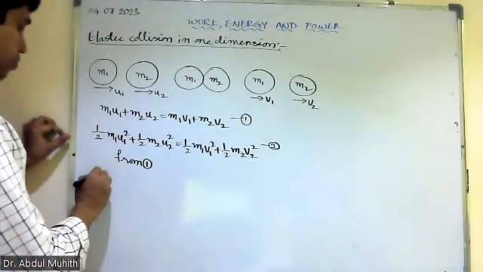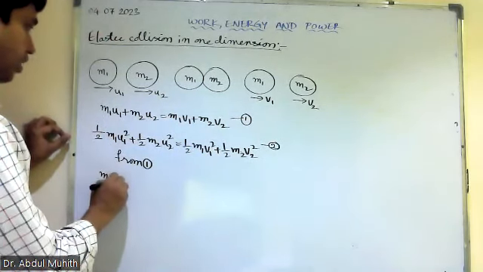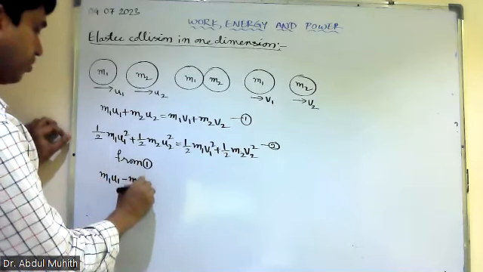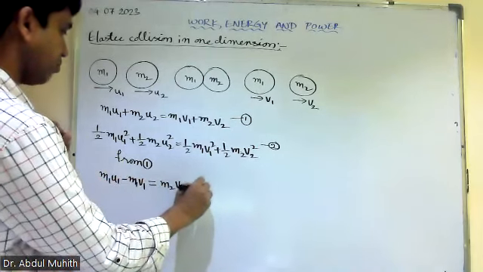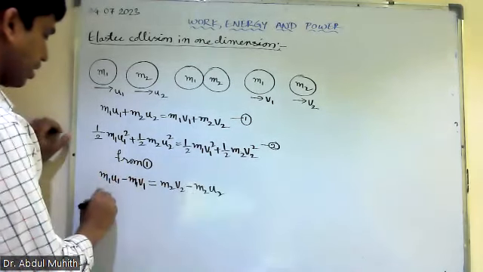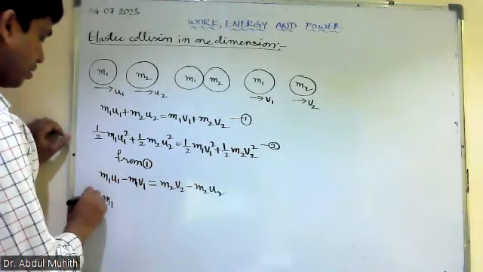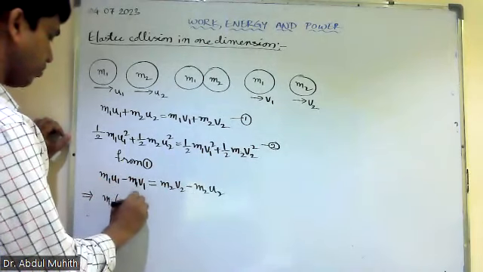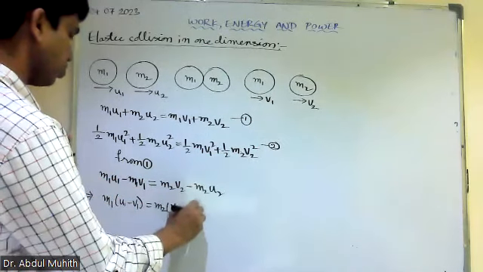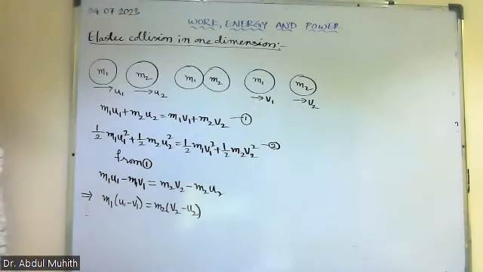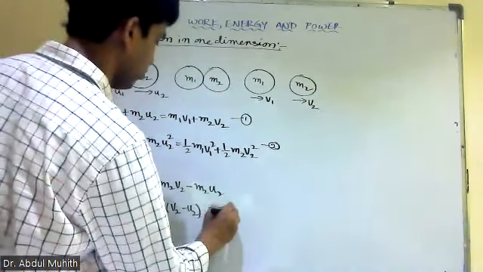So M1 U1 minus M1 V1 equal to M2 V2 minus M2 U2. Now take M1 common. So M1 into U1 minus V1 equal to M2 into V2 minus U2. Is it clear, girls? Yes, sir. Let it be equation number 3 now.